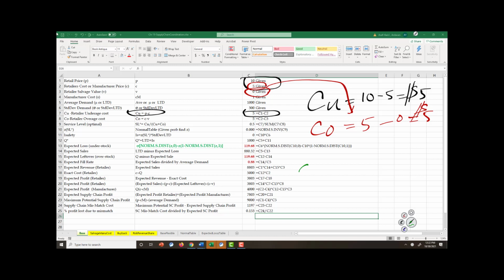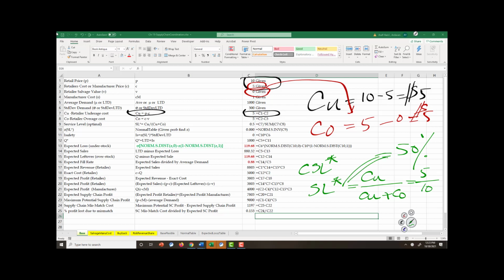The optimal cycle service level, or simply optimal service level, is equal to CU divided by CU plus CO, and that is 5 divided by 10, which is equal to 50%. Now we know the service level, and what we need is to identify safety stock under this overage and underage cost.